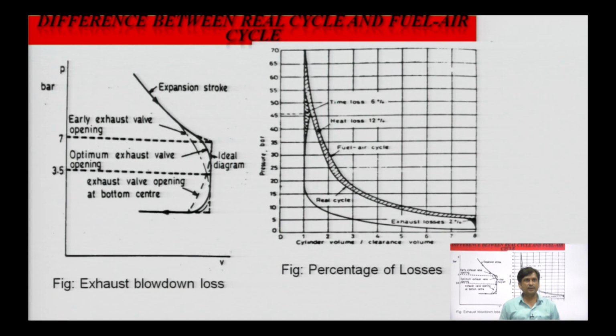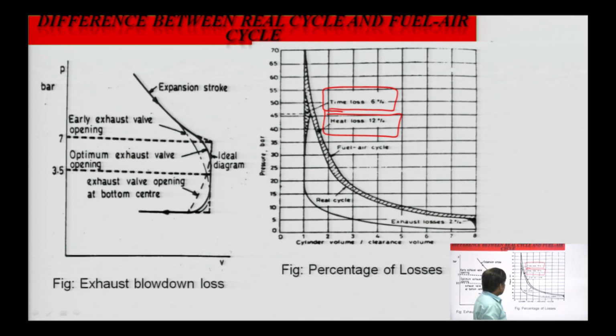Now, the difference between the real cycle and the fuel air cycle on the basis of exhaust blow down and percentage of losses. First, let us discuss this slide. What is the percentage of losses? From here you can see that because of time losses, the efficiency reduces by 6%. It is an experimental analysis. 6% of the efficiency is reduced because of the time losses, and because of heat losses 12% of efficiency is reduced.